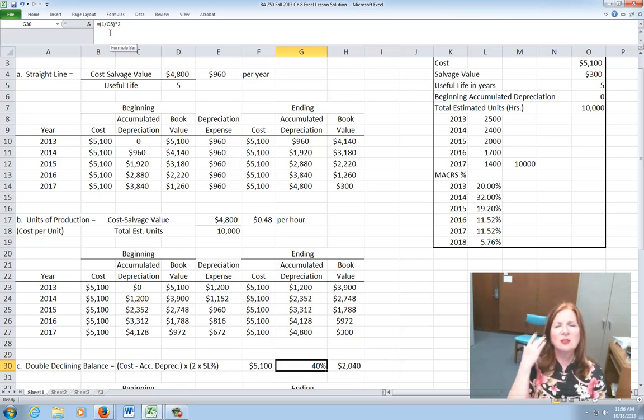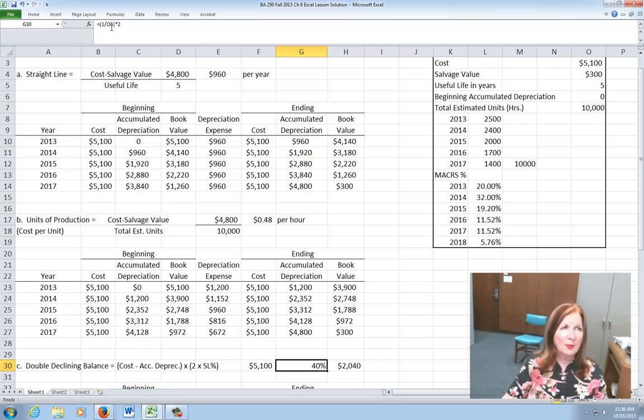So when we put this formula in here to get this percentage, we put in 1 and the divide sign by the life. Now the life is in this 05 cell right over here. So it's going to be 1 divide by the cell formula 05.